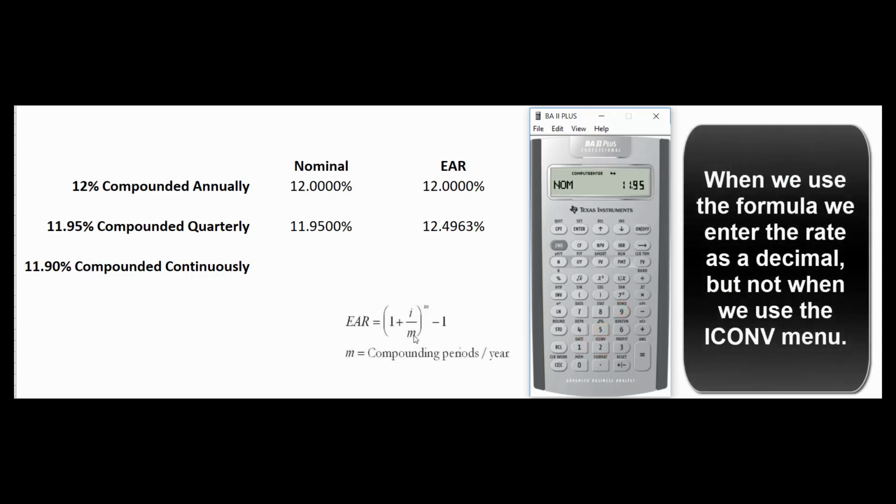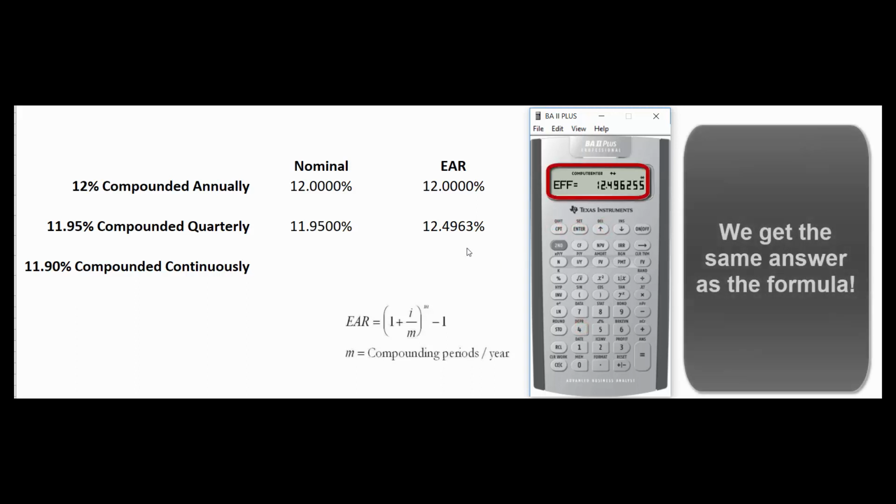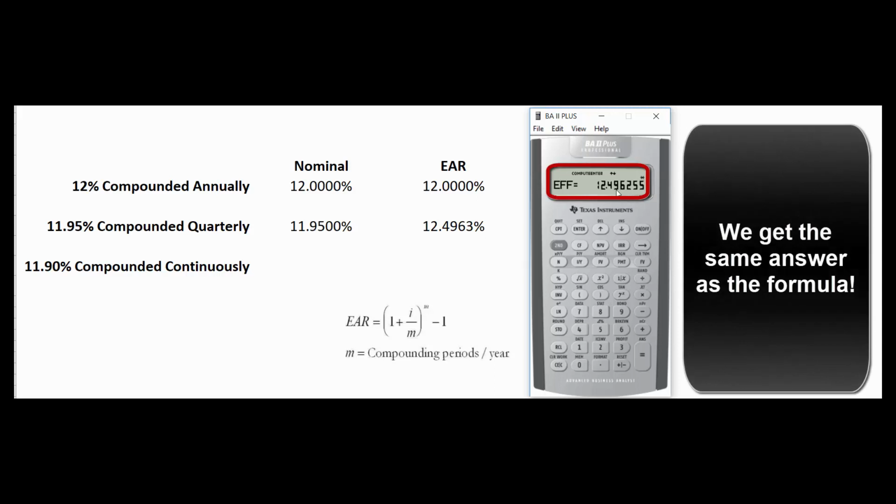When we're using the calculator's module, we enter it in as whole numbers, 11.95. Enter, and then again, you can go either up or down. Let's go up. Compounding periods per year is 4, enter, up. And the effective rate, compute, gives us that 12.4963. See how the calculator takes it out to the 6 decimal places where I have it to 4 here. But we get exactly the same answer.